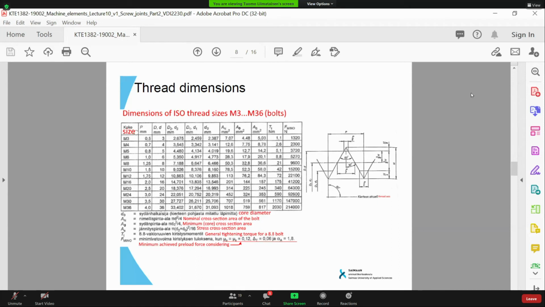But those who did finalize the calculation, you probably found out that the preloading stress due to this torque is way above 1000 megapascals.